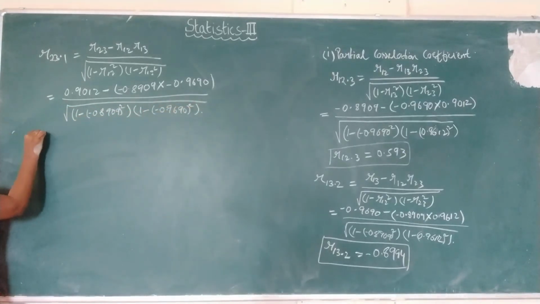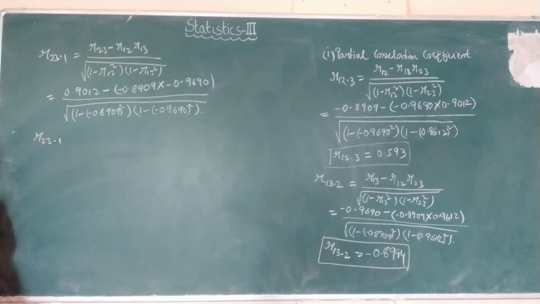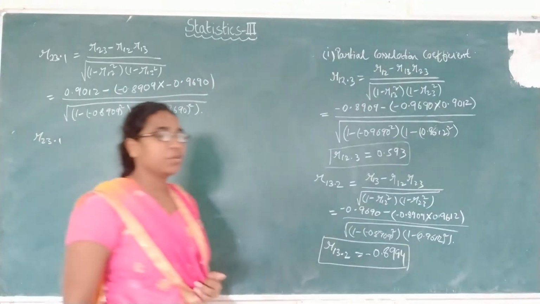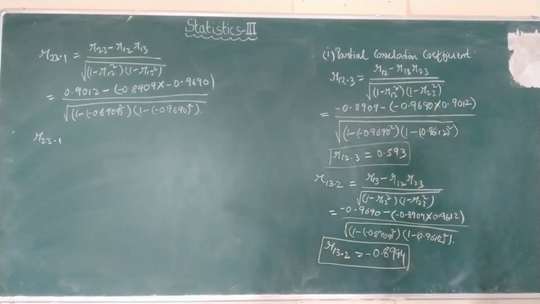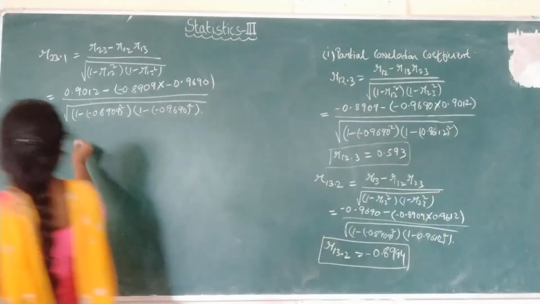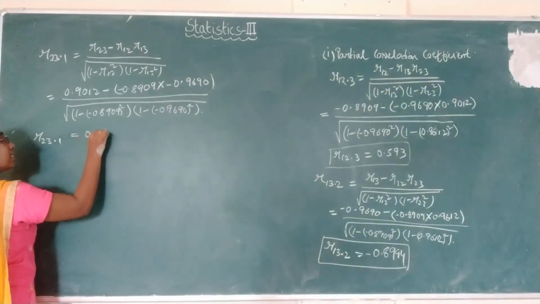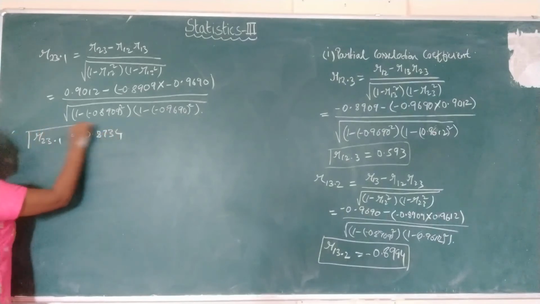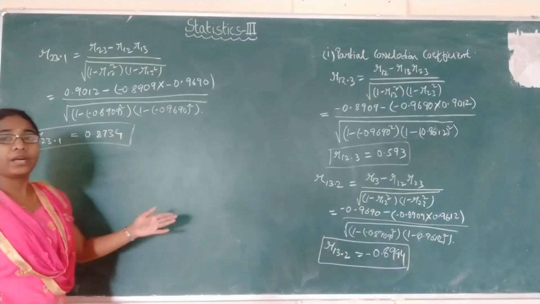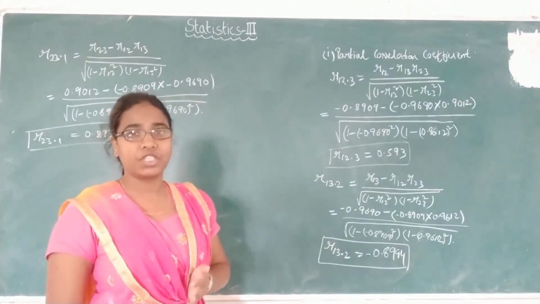Now solve this one, you will get the required R23.1 value. So R23.1 value is 0.8734. So these are the three required partial correlation coefficients.